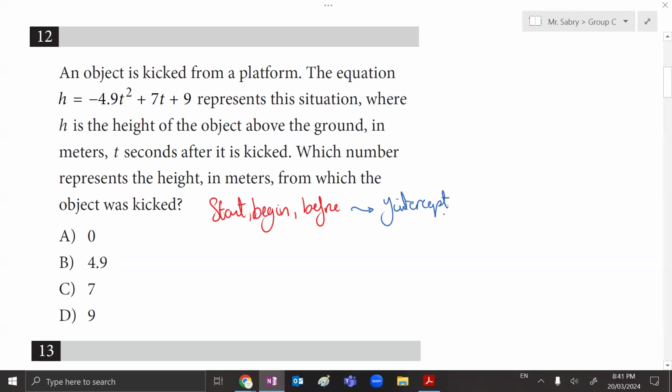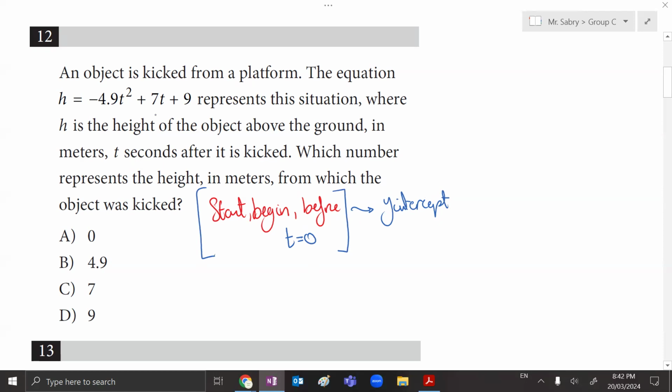So the keywords of the y-intercept are the start, the beginning, the thing that you started with. If I'm asking you about the height when it was kicked at the very beginning, it's as if I'm asking you where t was equal to 0. 0 seconds have passed. What was the height? All of those are hints for the y-intercept.